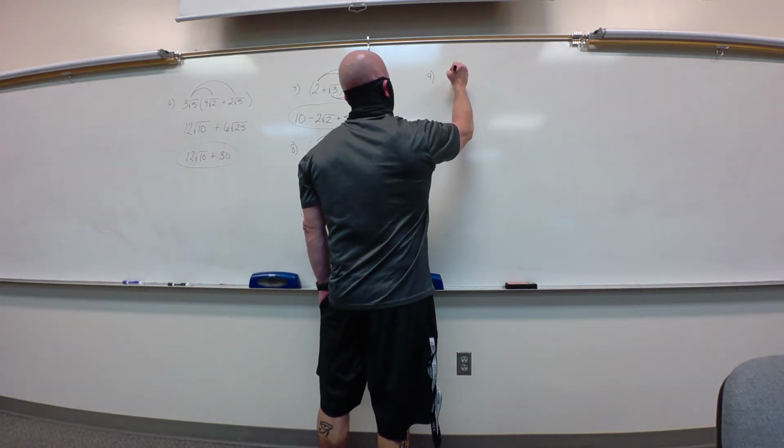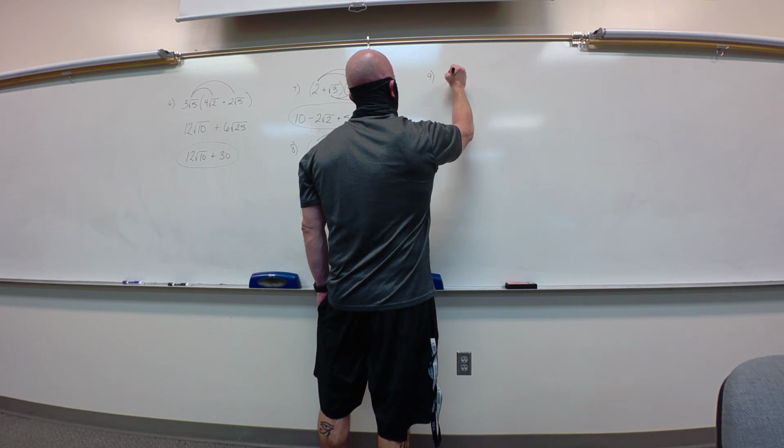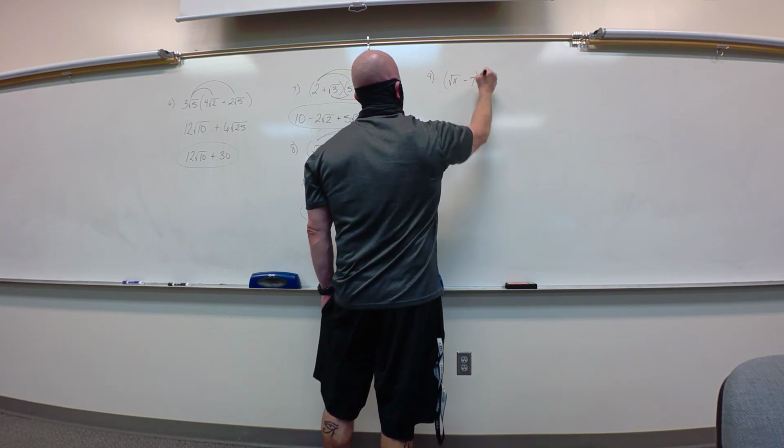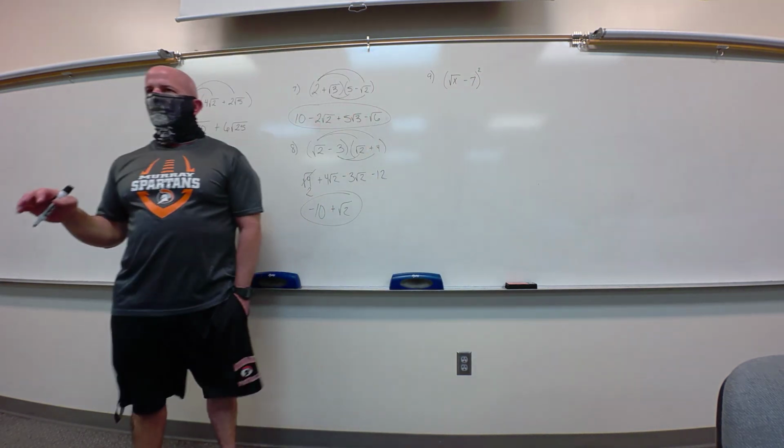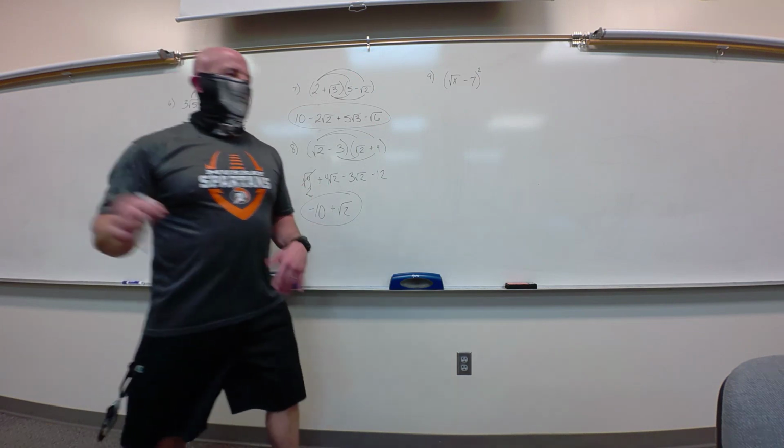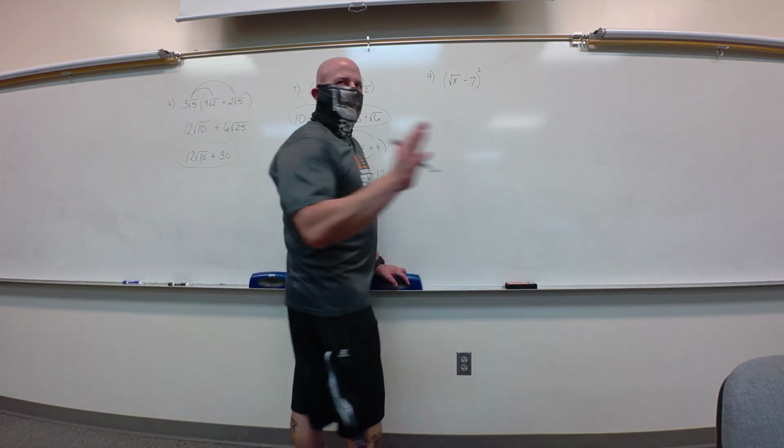At our last look here, let's go root x minus 7 squared. Threw an x in there, doesn't matter. Let's review what we saw with just our algebraic non-radical stuff.